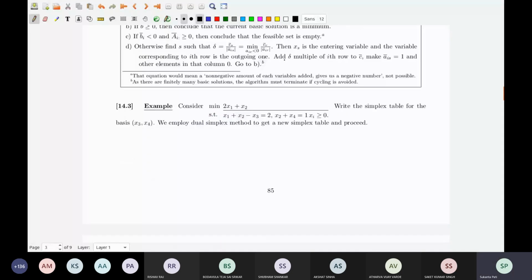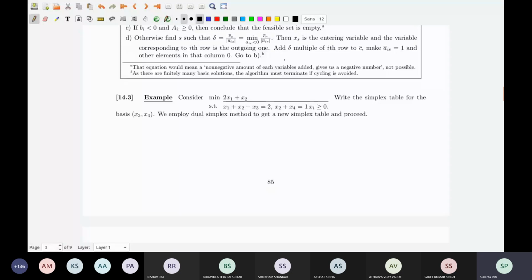So for example, write the simplex table for the basis x3 x4. Look at this example. It says minimize this. So I want to write the simplex table for the basis x3 x4, x1 x2. This is an SLPP given itself, so I don't have too much of a problem over here.